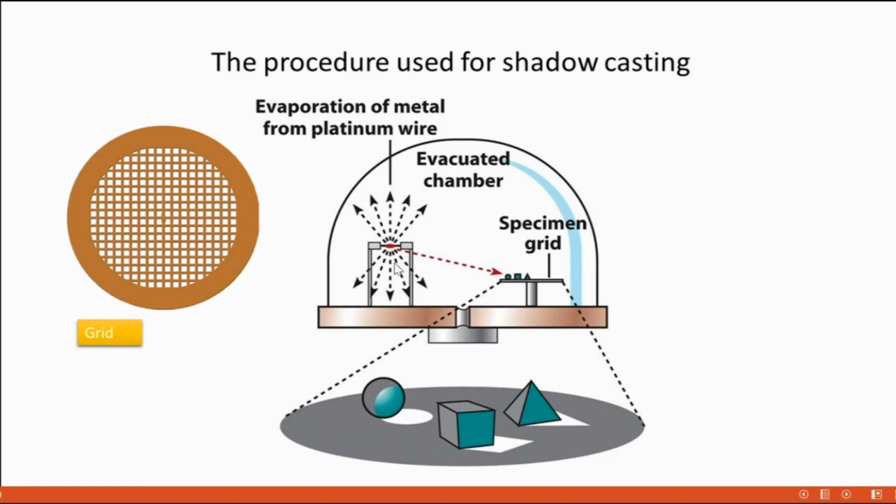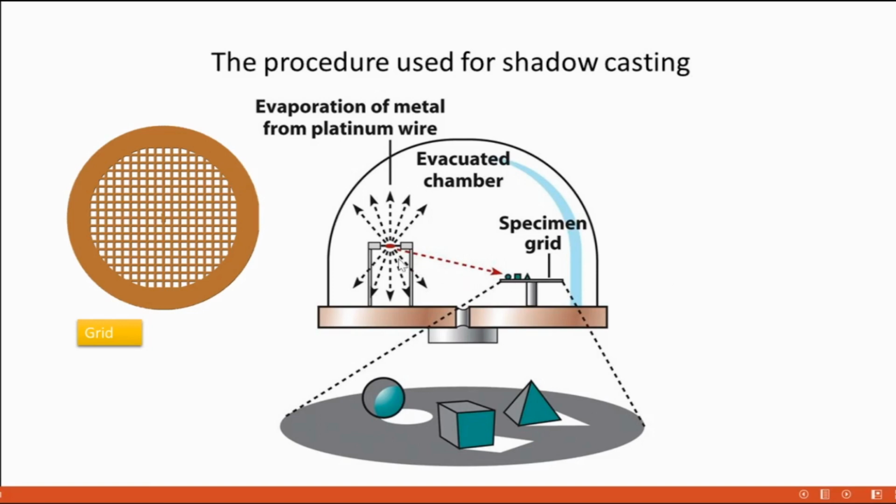Then we heat this filament. On heating, it evaporates and deposits a metallic substance over the areas that are facing this filament, and the other areas that are not facing the filament are not coated by that metallic substance.